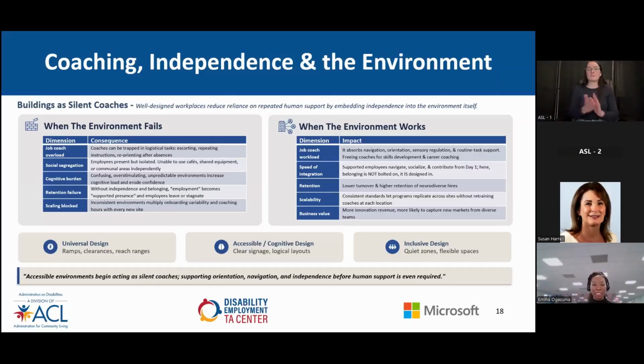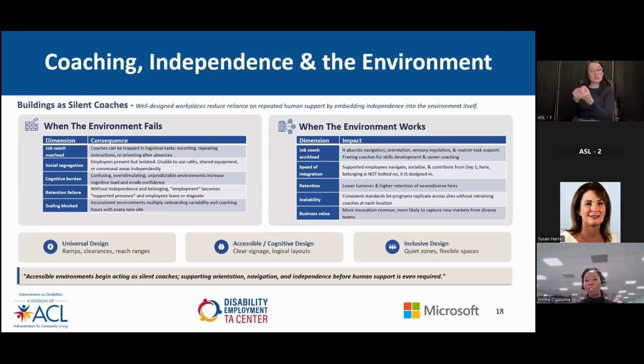When the environment is built to truly empower everyone, we enable roles to be performed independently, consistently, and safely. And we make supported employment scalable, not exceptional.